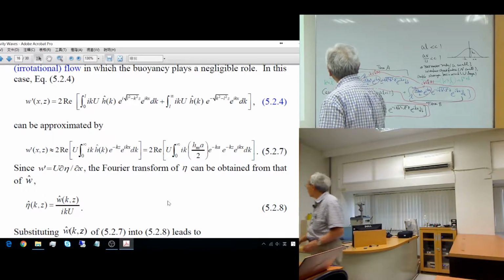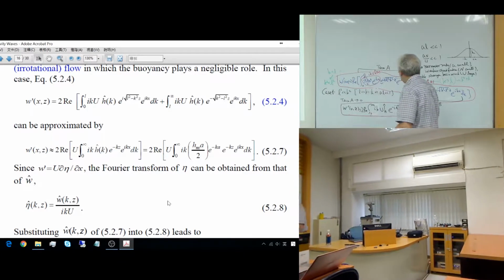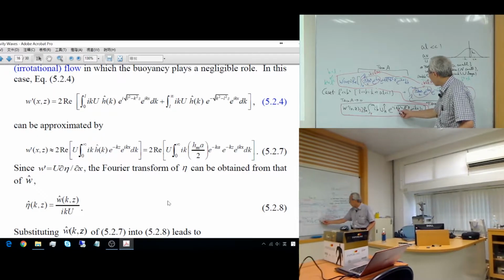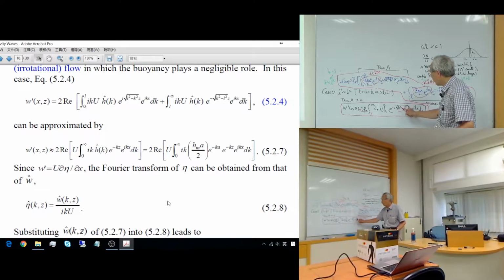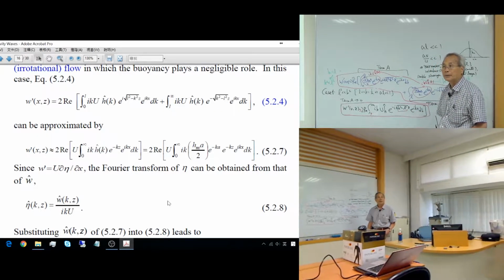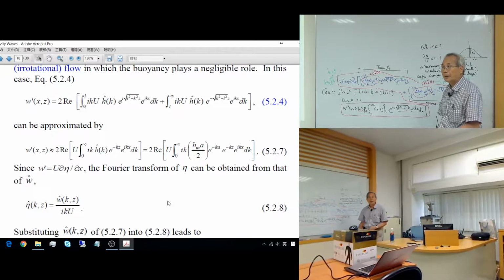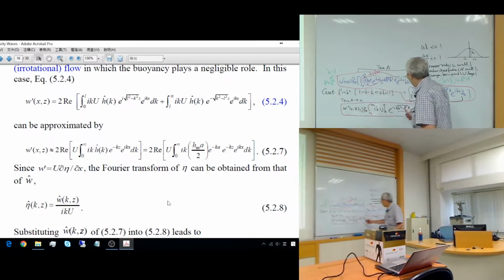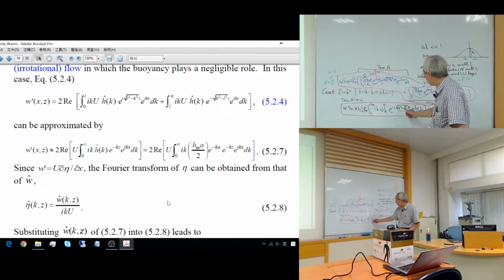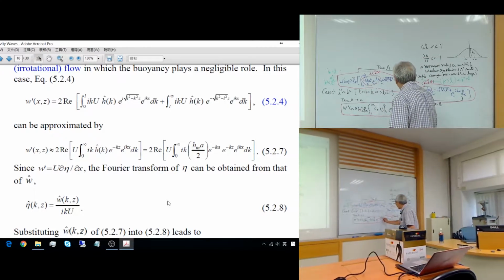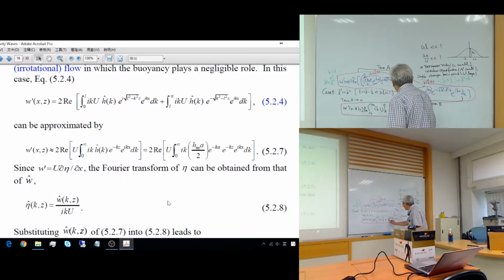Besides that, one more term can be simplified. What can this be simplified to? Anybody know? Under this situation, this term will become k, approximately equal to k.